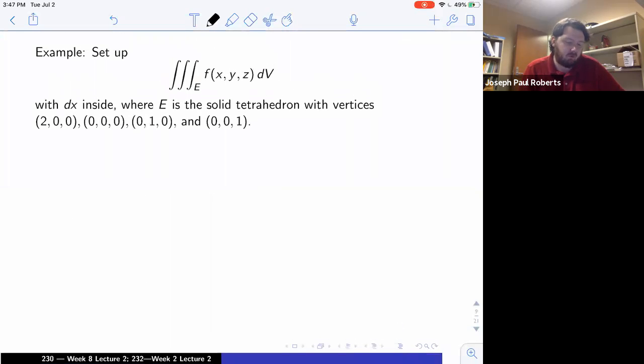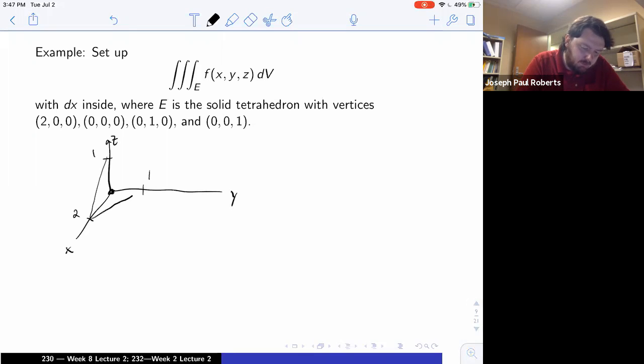So as an example, let's set up this triple integral where dx is on the inside, and our solid region is the solid tetrahedron with vertices 2, 0, 0. So let's let this be my x-axis. So 2, 0, 0, 0, 0, 0, so the origin, 0, 1, 0, and 0, 0, 1. So this is my z.